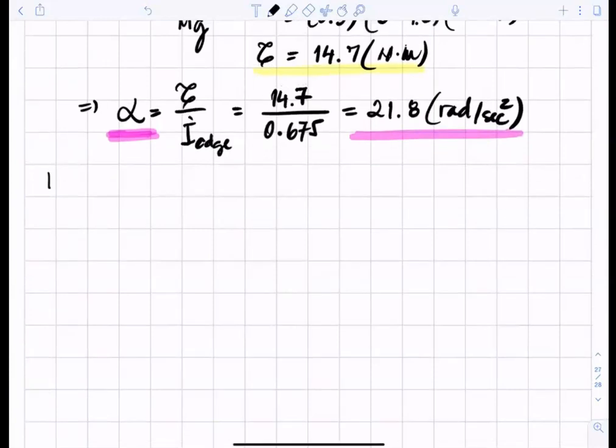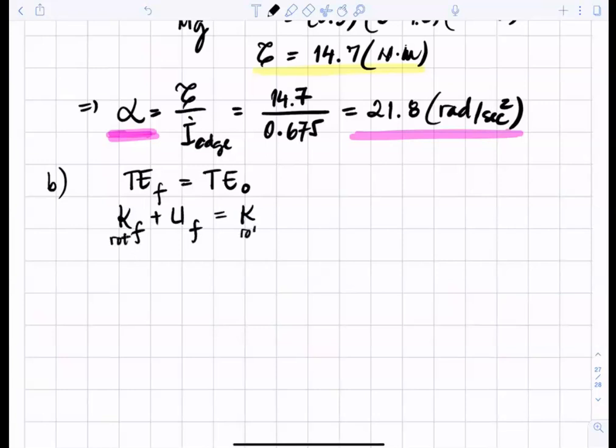So let's see what energy we're talking about. If you look at the situation here, the conservation of energy tells you that the total energy final must be equal to total energy initial. Final, you're looking at kinetic energy final plus potential energy final equals kinetic energy initial plus potential energy initial. And when I talk about kinetic here, we talk about rotational kinetic.